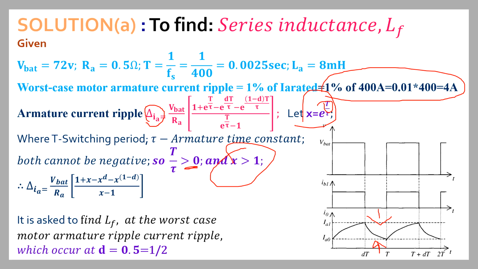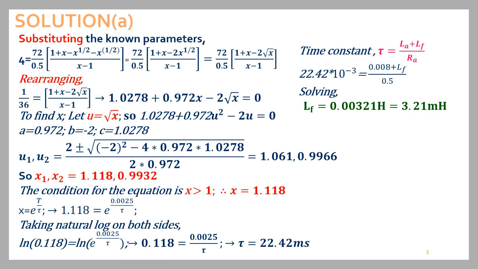Now substitute the e power term in terms of x and the value of D as 0.5, and rearrange the equation. The third and fourth terms can be combined as 2x power 1 by 2. X power 1 by 2 can be written as root x, and we rearrange the equation in quadratic form. To find x, let us substitute root x as u, hence u square is equal to x.